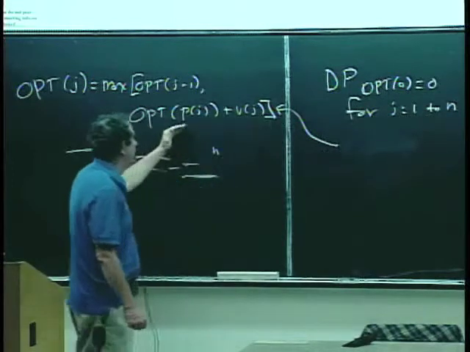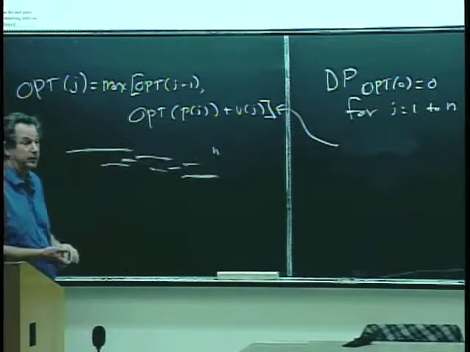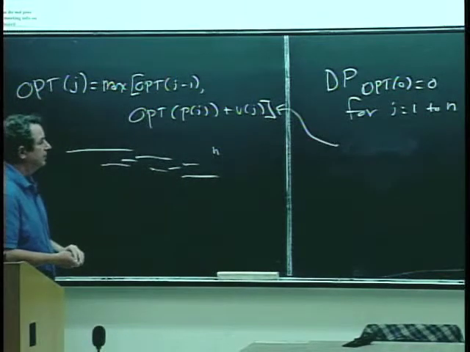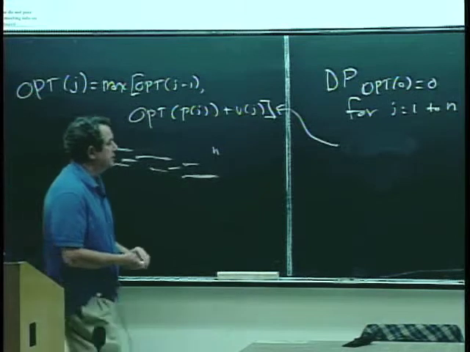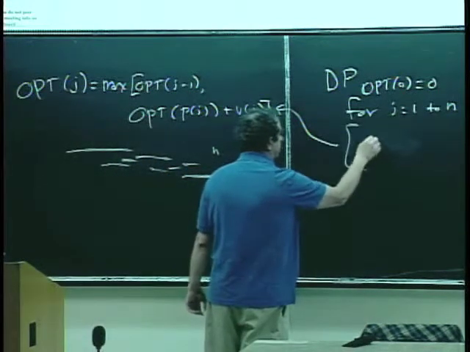You have available to you what you need whenever you want to get the value of opt_j. Okay, so that's dynamic programming.